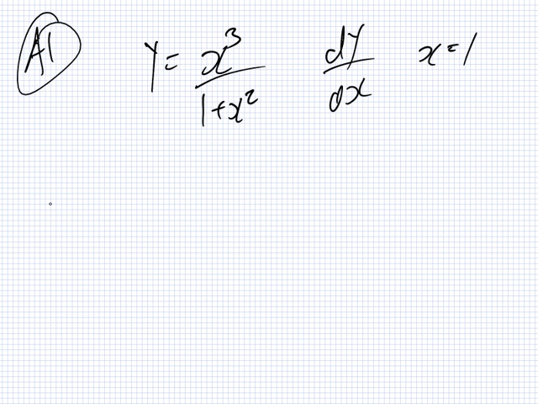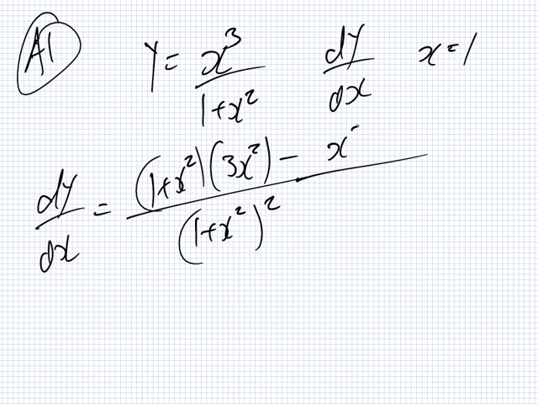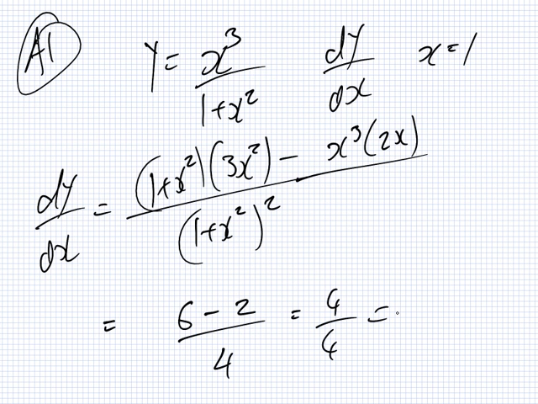So this is the quotient rule, and the quotient rule says it's the bottom times the derivative of the top minus the top times the derivative of the bottom, over the bottom squared. So that would be 1 plus 1 is 2 times 3 is 6 minus 2 over 2 squared, which is 4, which is 1 then.